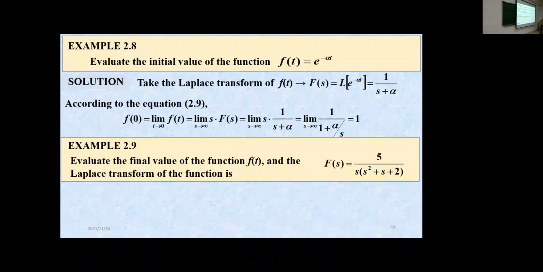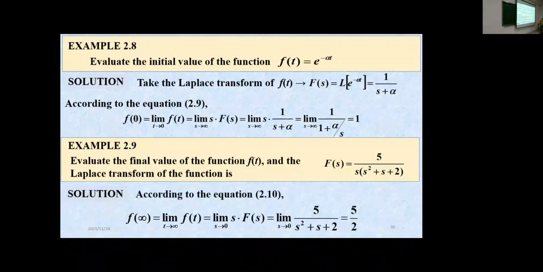Then you just let s times F(s), and s tends to 0, the final value as s tends to 0. So it's like this, right? We have s here and the time is here, so this is along this. So we have like this, and when s tends to 0, it should be 5 divided by 2.